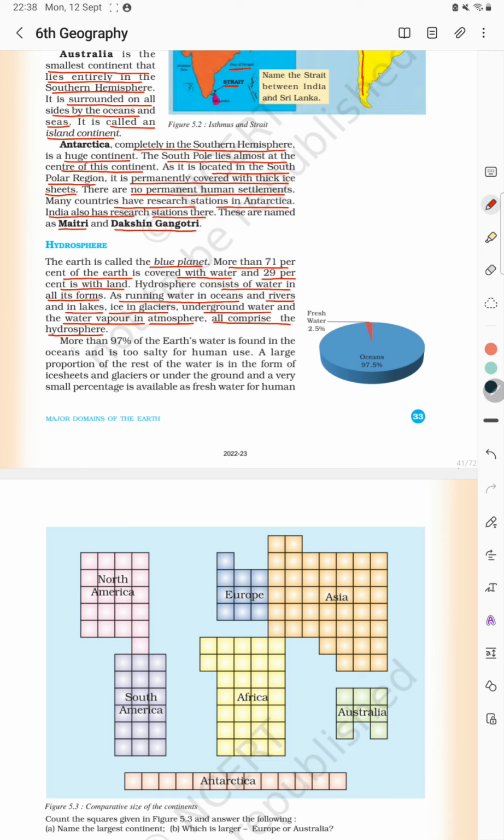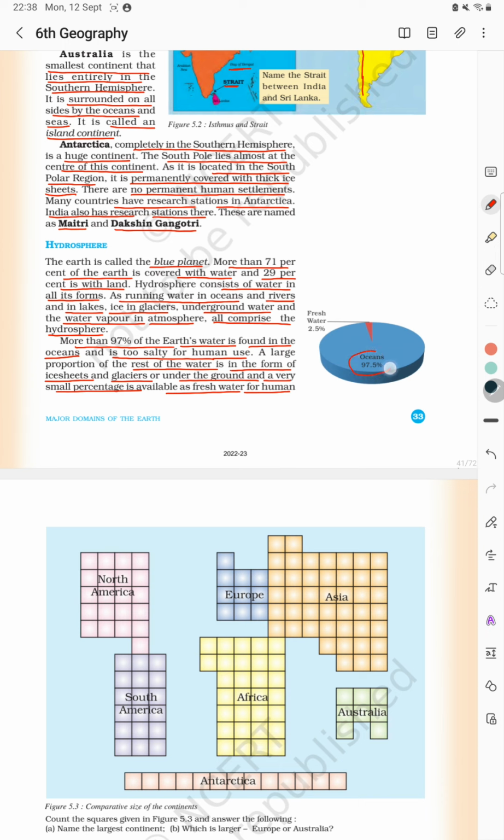More than 97% of Earth's water is found in the ocean and is too salty for human use. A large proportion of the rest of the water is in the form of ice sheets and glaciers or under the ground, and a very small percentage is available as fresh water for consumption.